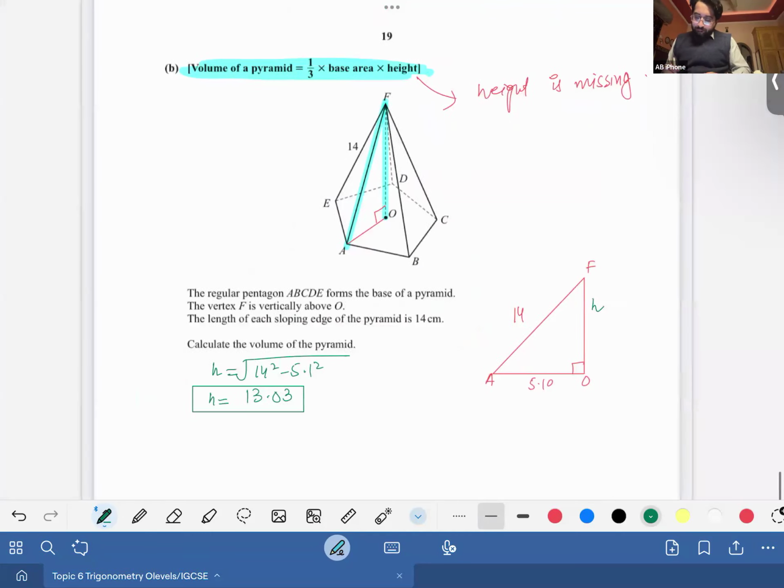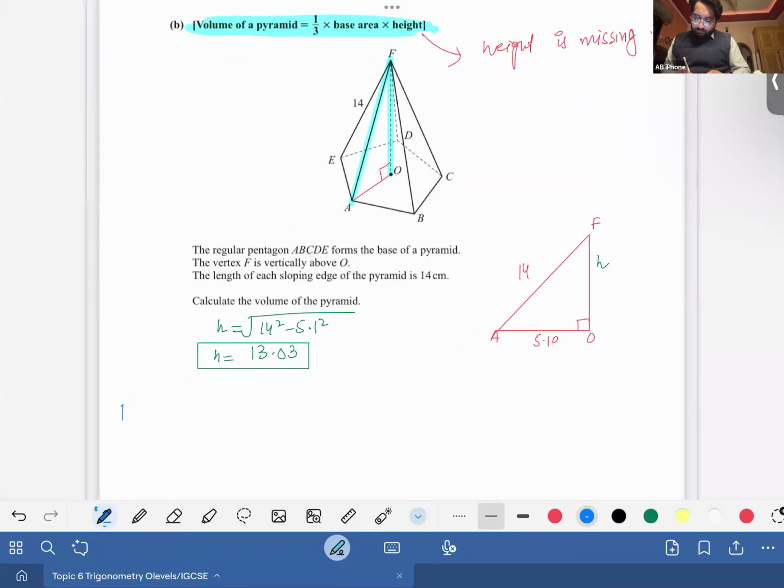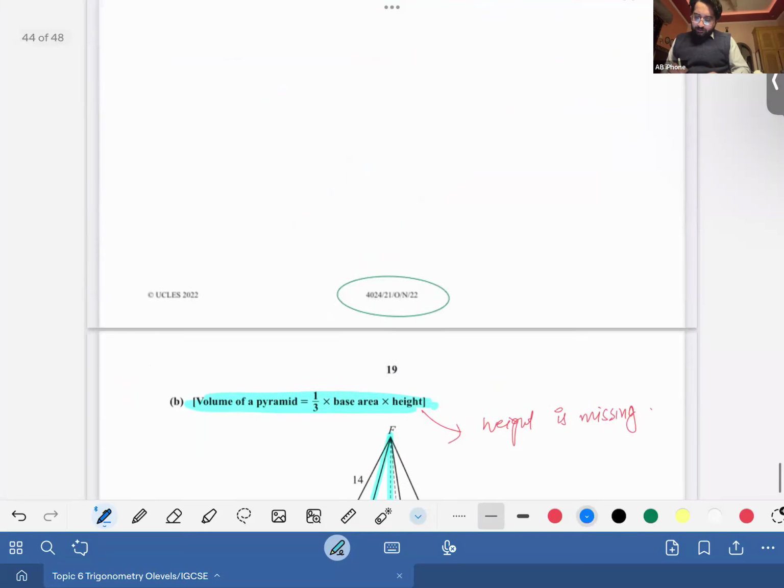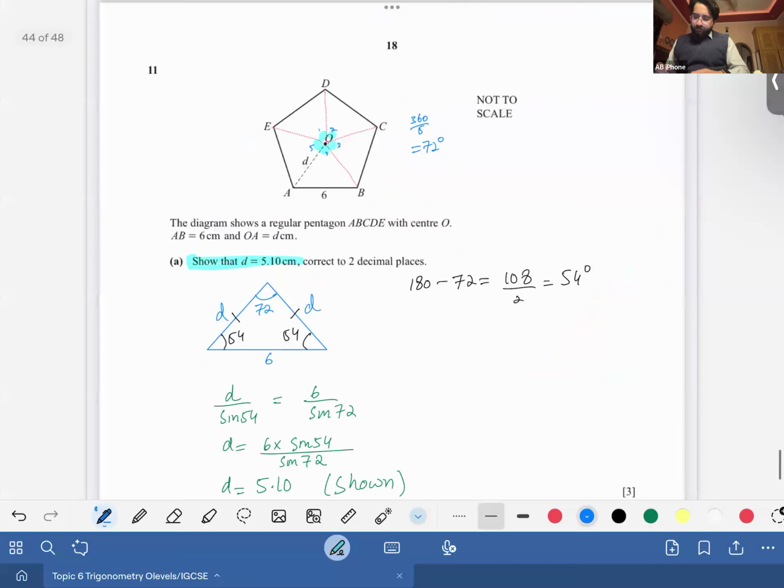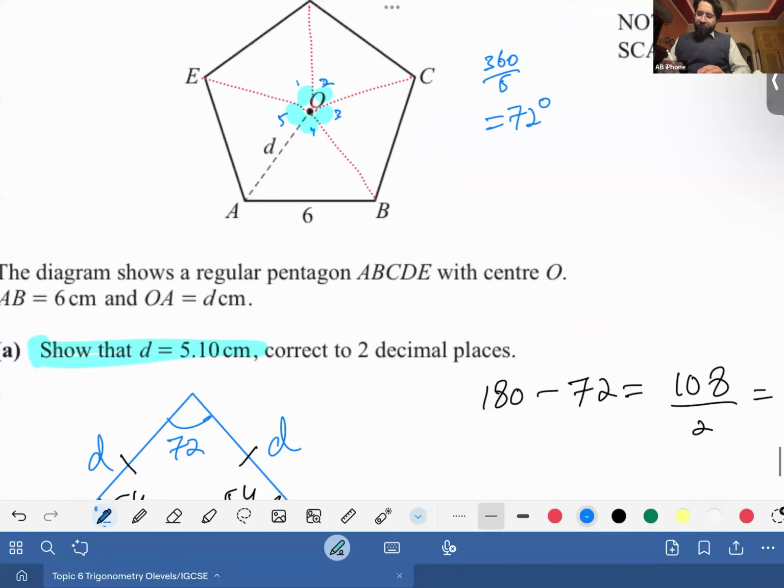Now we need the base area. If you remember, the base area had 5 triangles. 1, 2, 3, 4, 5.